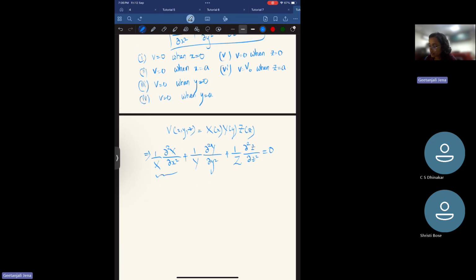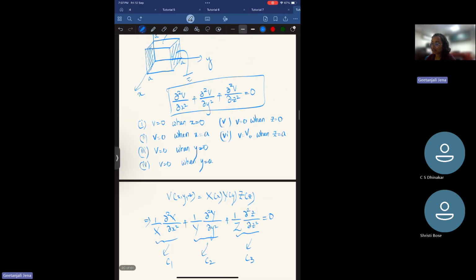So a function of x, a function of y, and a function of z. That means each should be a constant, let us say C1, C2, and C3. Because they sum up to 0, one or two of these constants will have a negative sign. So how can we decide which of these should have the negative sign? The sign depends on the boundary conditions.